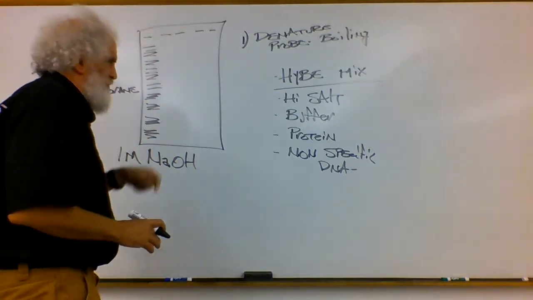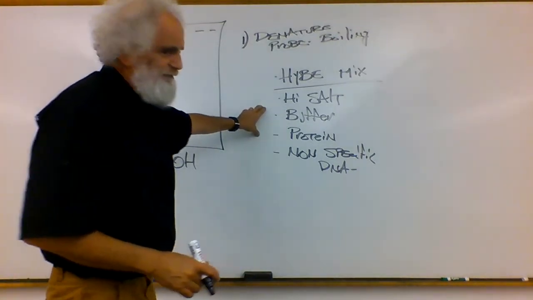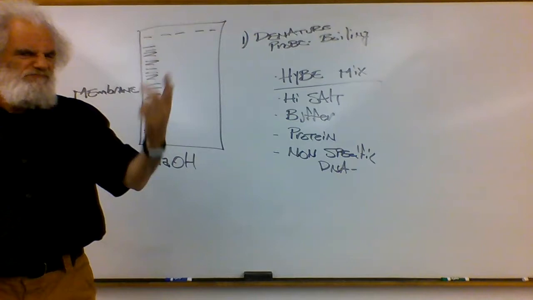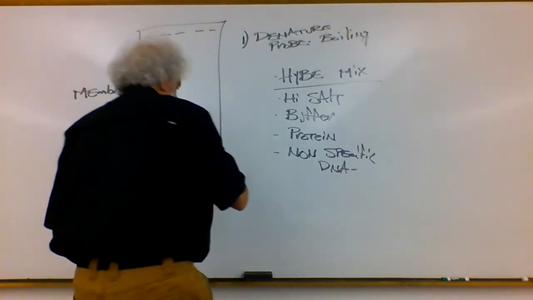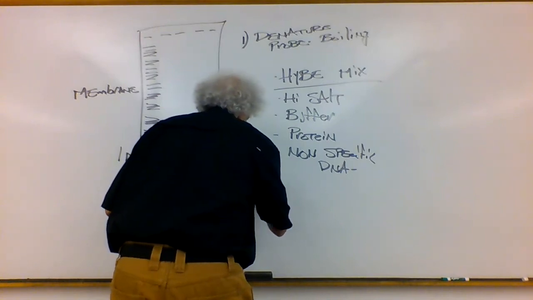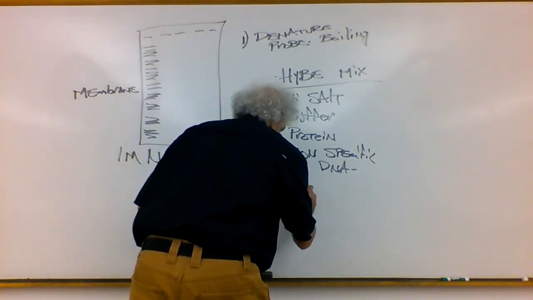So you do a pre-hybe where you wash the blot with this stuff, and you do that for an hour or so, and then before you go home for the evening, you add probe. So now you're going to add the P32 labeled probe.